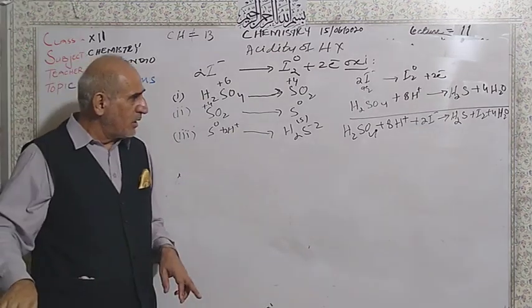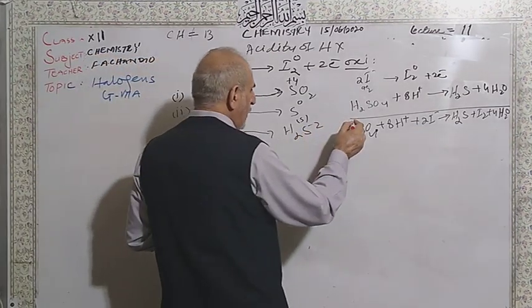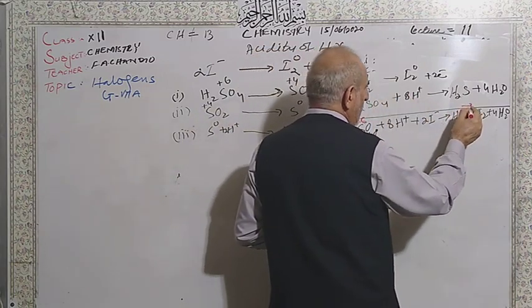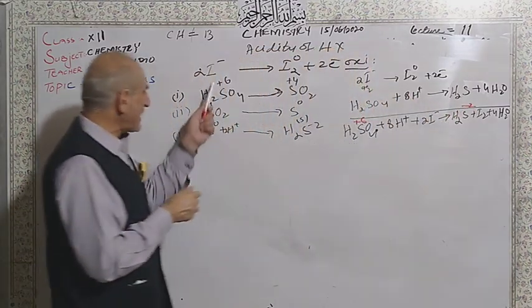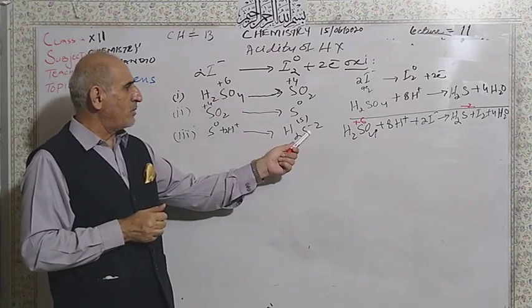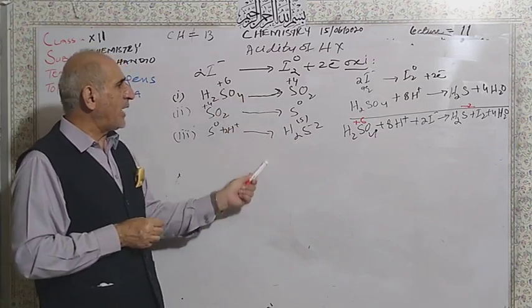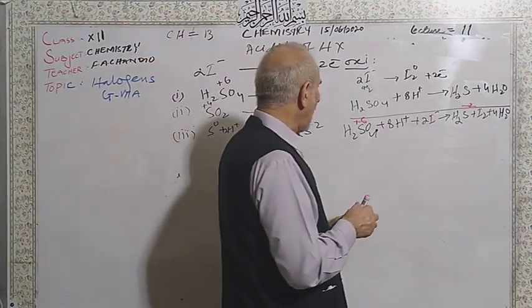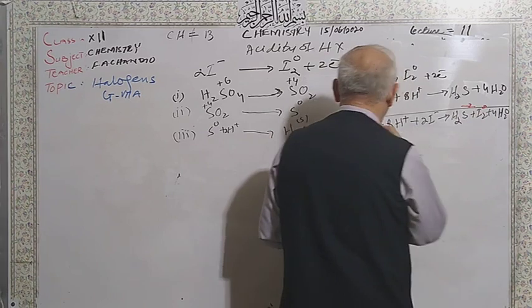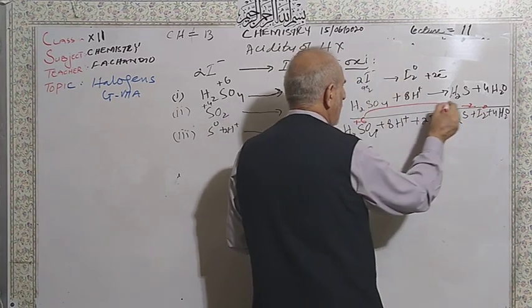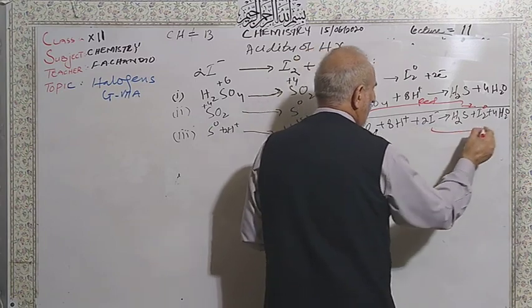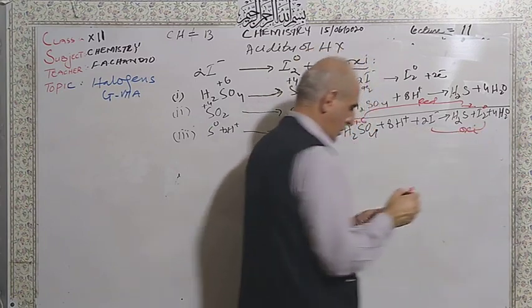So students, here sulfur in sulfuric acid is plus 6. In hydrogen sulfide it is minus 2. Plus 6 changes to minus 2, and iodide negative changes into 0. That is why this is going to be reduced and this is going to be oxidized.